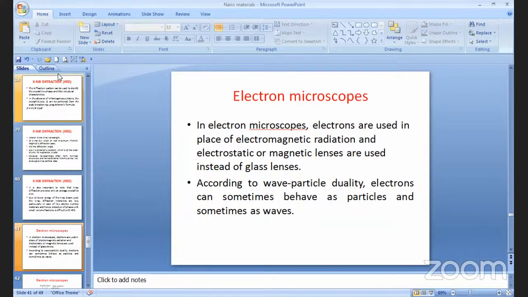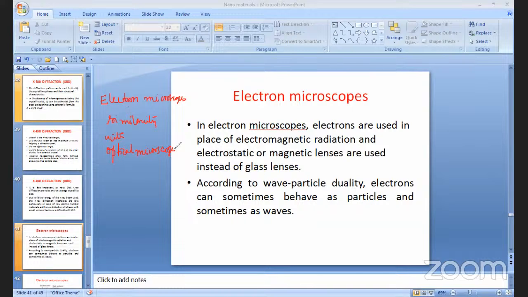The electron microscope has some similarity with the optical microscope.